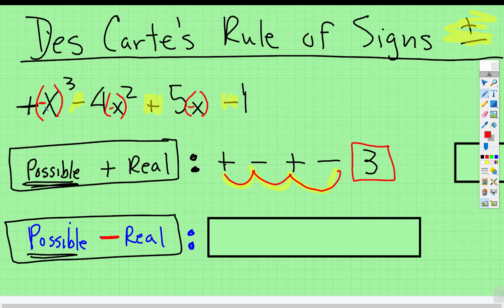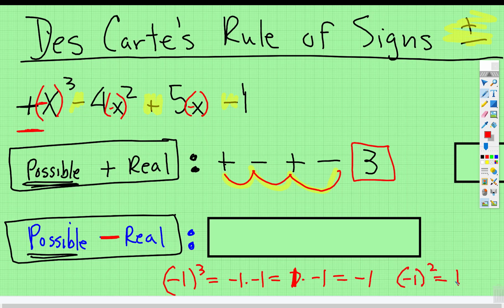Well, negative x cubed becomes negative 1 cubed: negative 1 times negative 1 equals positive 1, times negative 1 equals negative 1. So anytime you cube a negative number, or raise a negative to an odd power, the result will be negative. Well, what's a negative squared?